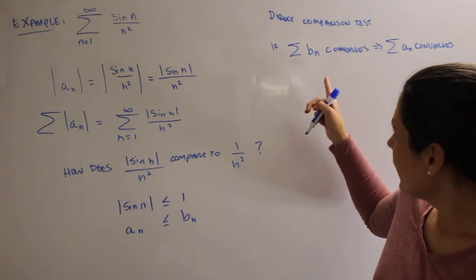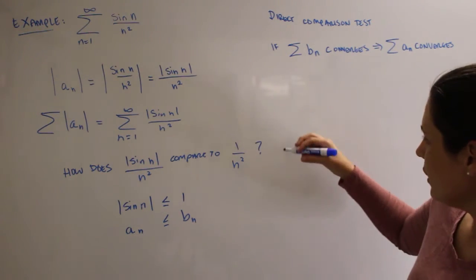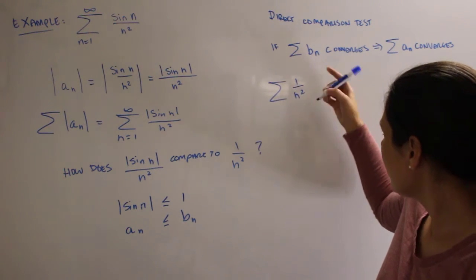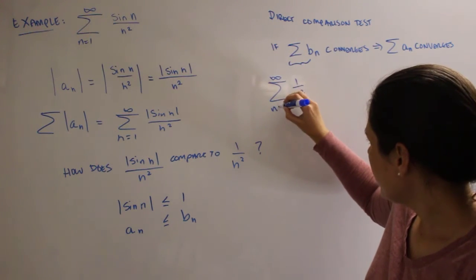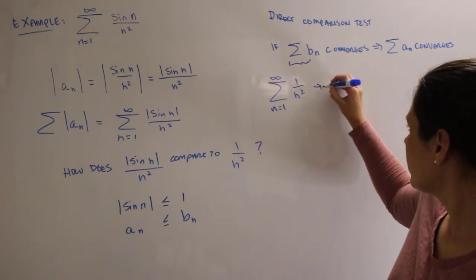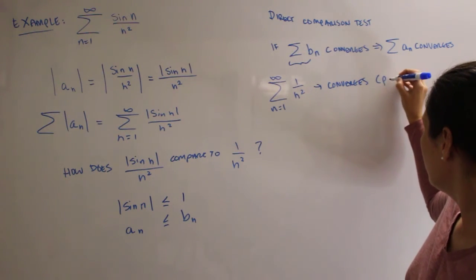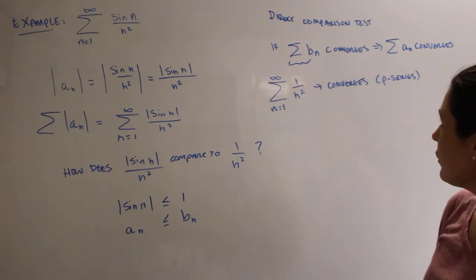So now, can I prove that the bigger one converges? We have the series of 1 over n squared, that's our series b sub n, from 1 to infinity. Well, yes, we know that converges. We have just talked about this. This is a p series again, where p is 2, greater than 1. Okay, so this one converges.